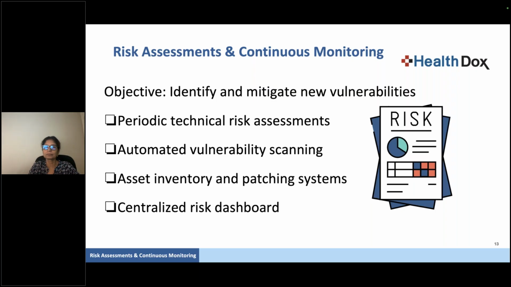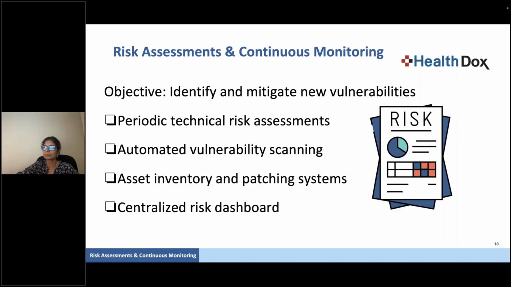This means we are not waiting for an annual review to spot vulnerabilities, right? You agree with me? Our systems are constantly scanning for risk in real time. When this happens, only then does it become a proactive risk assessment.